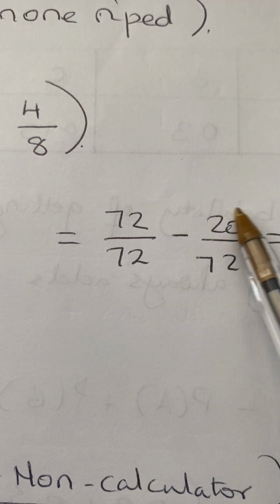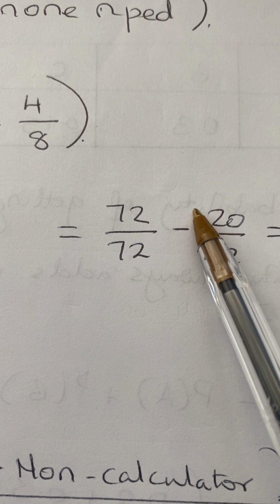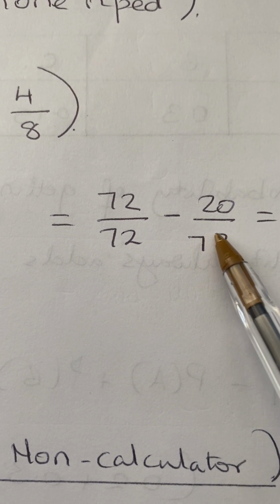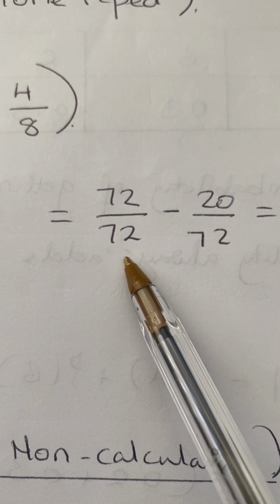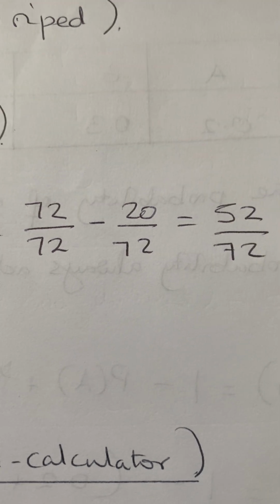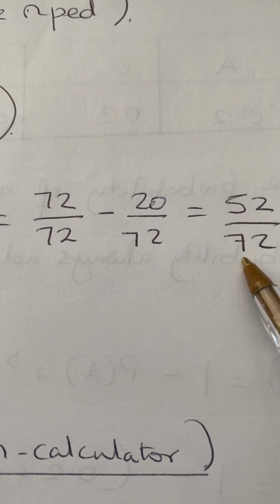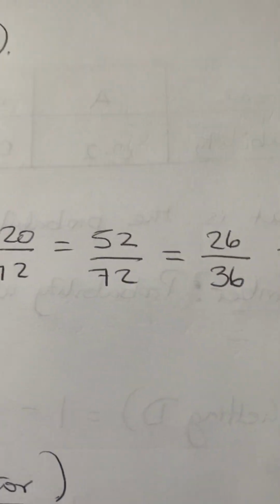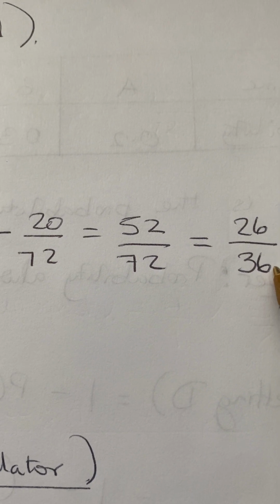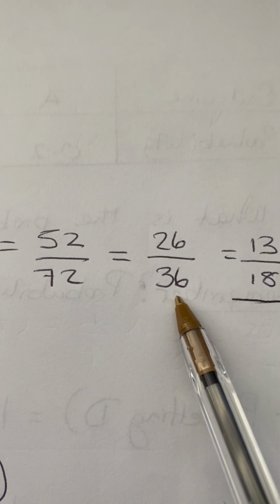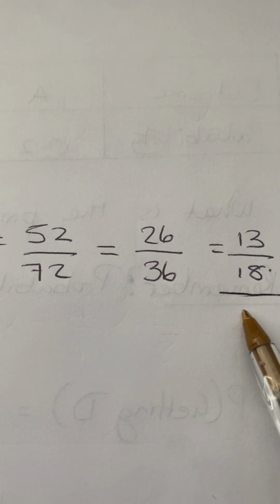Now we can subtract the numerators because the denominators are the same. So 72 minus 20 is 52 divided by 72. So 26 over 36 if you halve it, and then if you halve it again, 13 over 18.